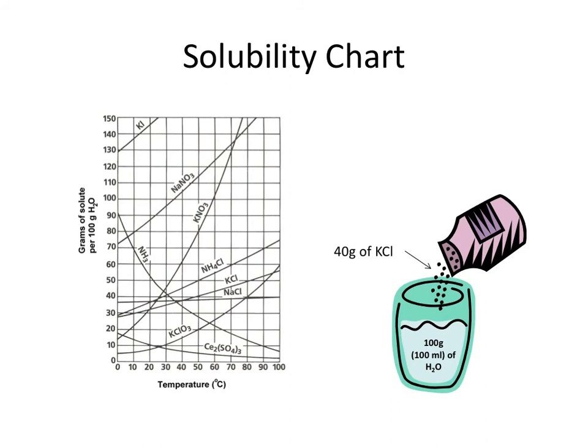At 50 degrees Celsius, if we were to go to the potassium chloride line, we would see that we can dissolve about 40 grams of potassium chloride in 100 grams of water. That's what's going to allow us to make our saturated solution. If we add any more potassium chloride, it's just going to pile up on the bottom.